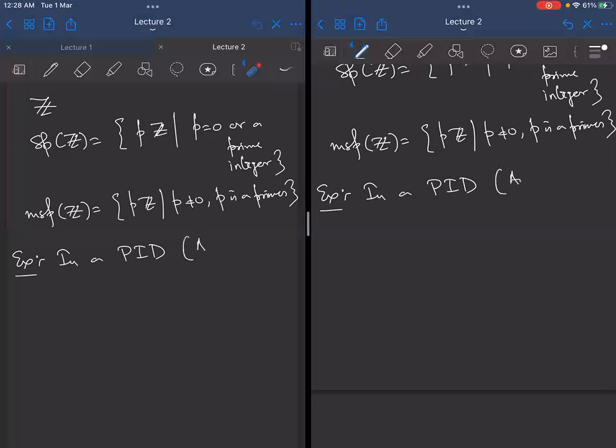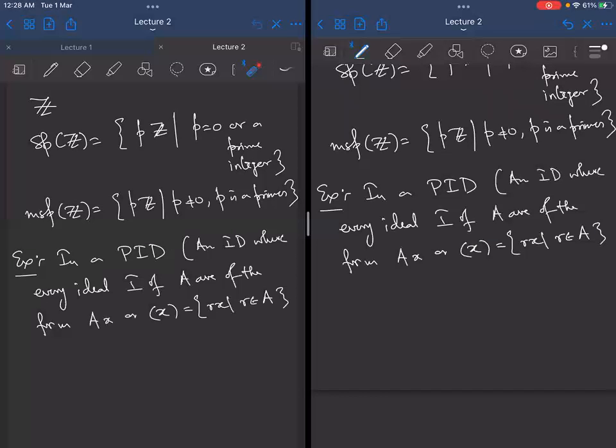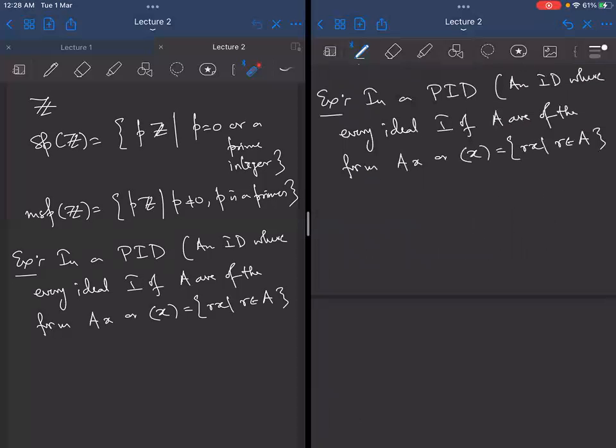So an integral domain where every ideal I of A is of the form (x), sometimes denoted by Ax, which contains all the multiples rx, where r is in A. Remember, A is a commutative ring with unity throughout, unless I mention otherwise.